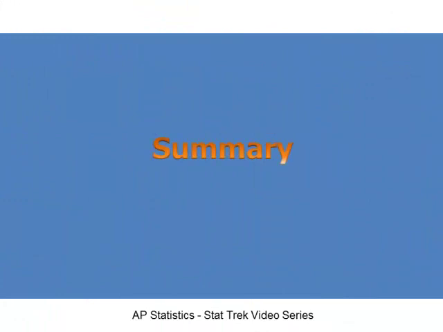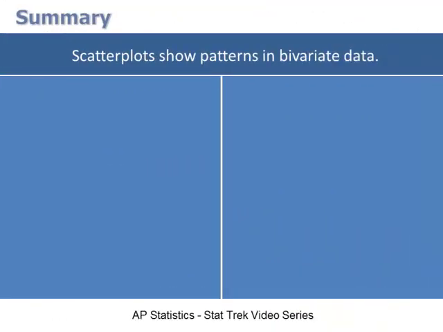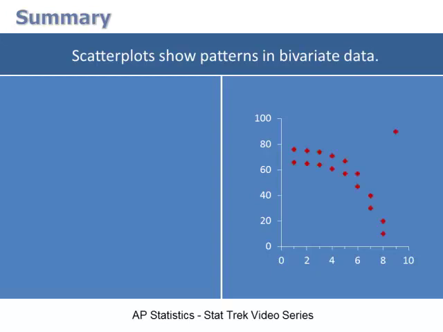Let's review. Scatter plots are used to analyze patterns in bivariate data. A scatter plot consists of an x-axis, a y-axis, and a series of dots. Each dot represents one observation from a data set, with its position on the plot determined by the x and y value of the observation.